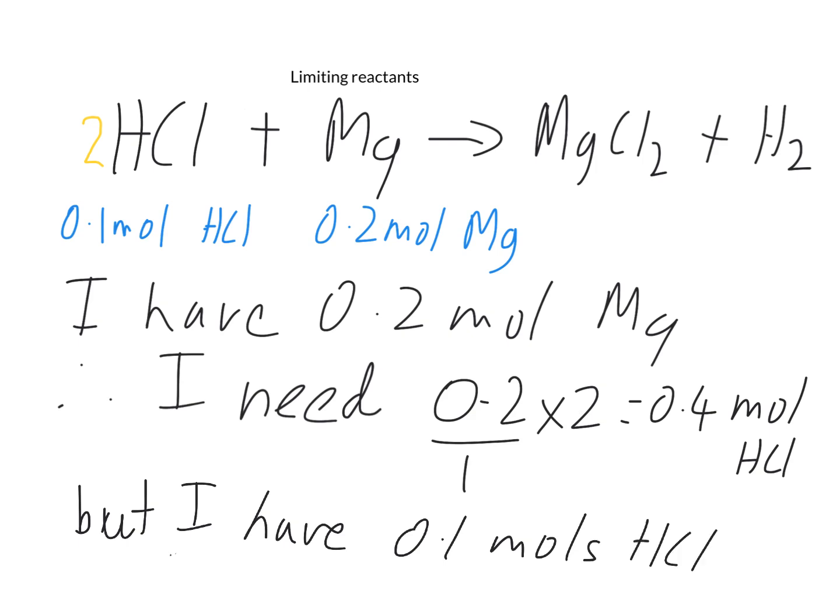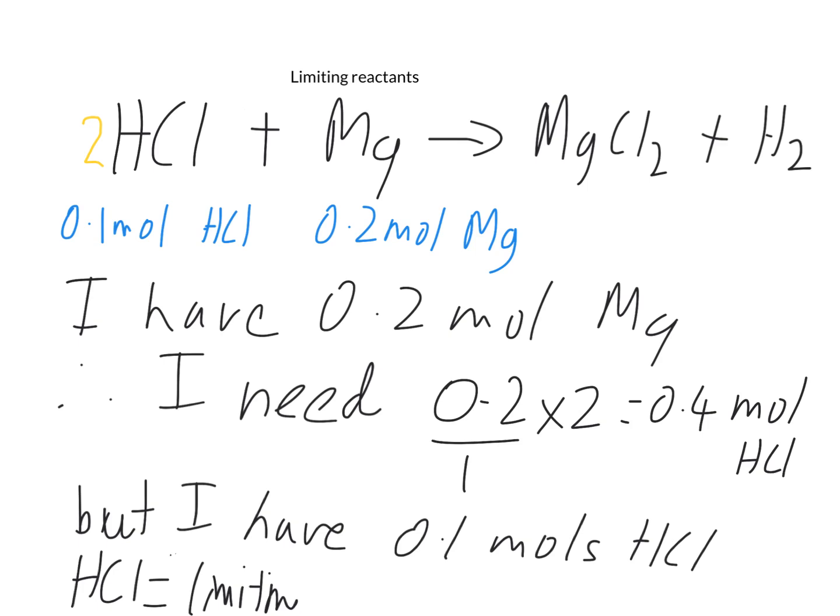I need 0.4, but I have 0.1, which means HCl is limiting. So if what you need is more than what you have, your HCl in this case is limiting. So basically work out how much of one reagent you need based on another one, and then compare it to how much you've actually got. And in this case, we've found that our HCl is limiting.